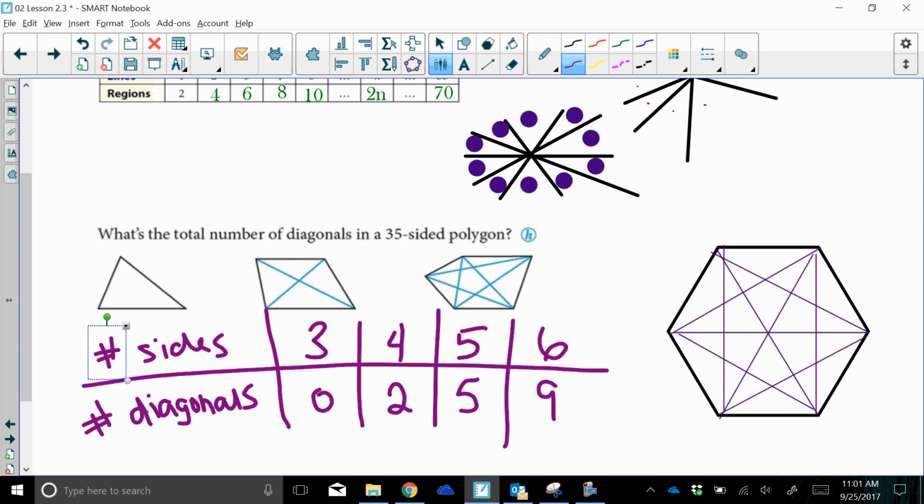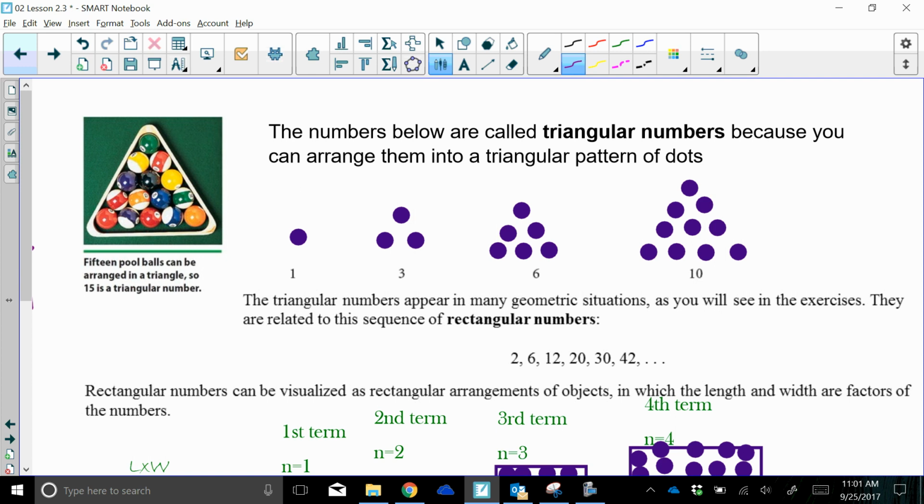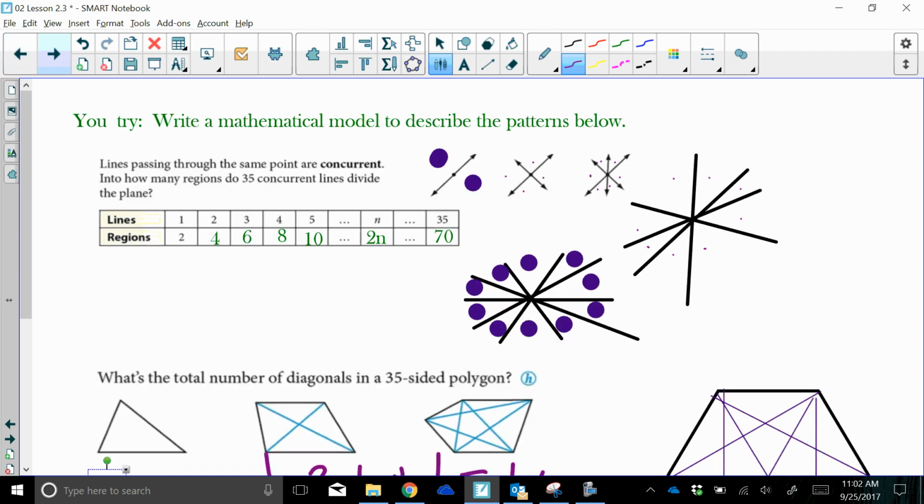If it has 6 sides, it has 9 diagonals. So plus 2, plus 3, plus 4. That looks similar to our triangular model. Plus 2, plus 3, plus 4. So we're going to use that triangular number pattern to determine how many diagonals are in a 35-sided polygon.